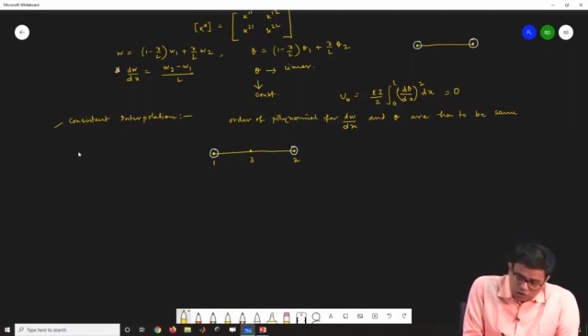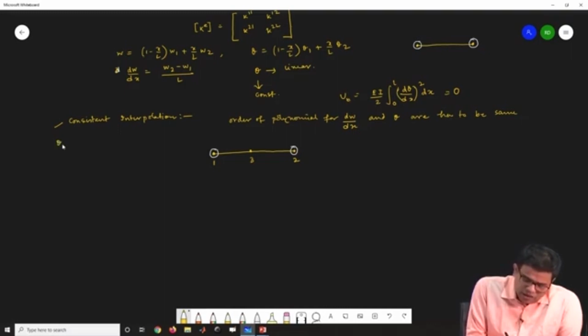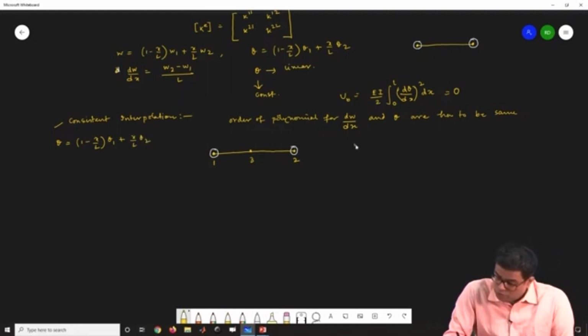So to do that, what we did is theta we interpolated with a simple linear polynomial, not linear Lagrange polynomial. But in case of W, we used a quadratic polynomial. So W1 phi 1 plus W2 phi 2 and W3 phi 3.